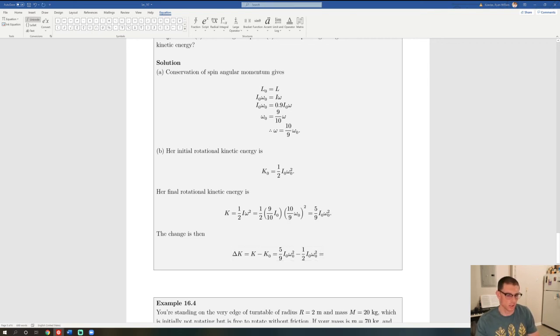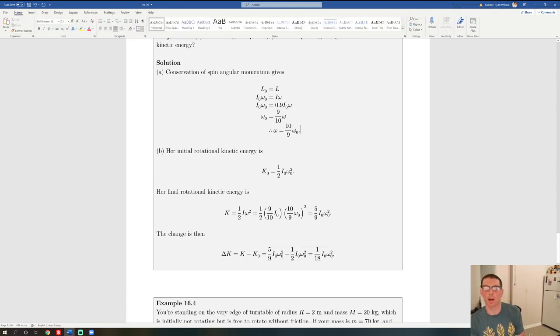And let me just also do this to get the number. And so it actually works out to be 1/18 I naught omega naught squared. So here we see an example, right, where angular momentum is conserved, but rotational kinetic energy is not. And this is telling in the sense that angular momentum is more generally conserved than rotational kinetic energy, okay?